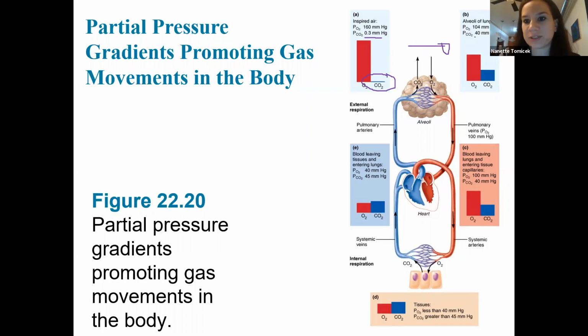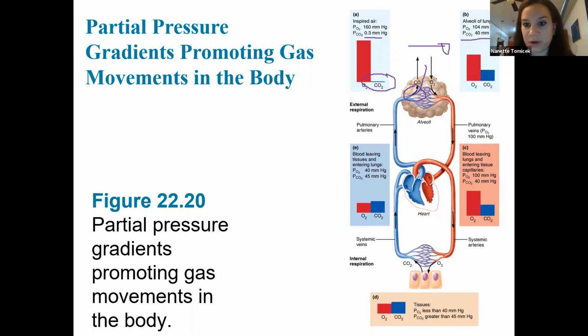So the partial pressure of CO2 is actually 40 millimeters of mercury inside the alveoli. Okay, so now the gradient's kind of going the other way. So in this situation, we actually have more CO2 inside the alveoli than outside. So the pressure is for the CO2 to diffuse out of the capillary, across the alveolar membrane, and then out into the atmosphere.